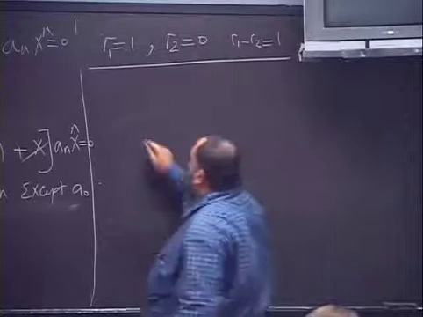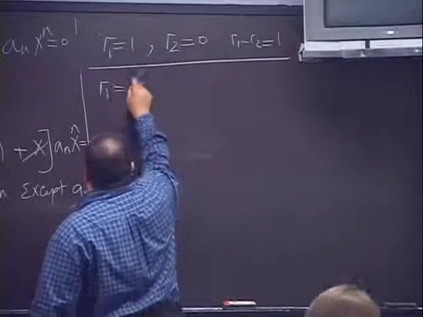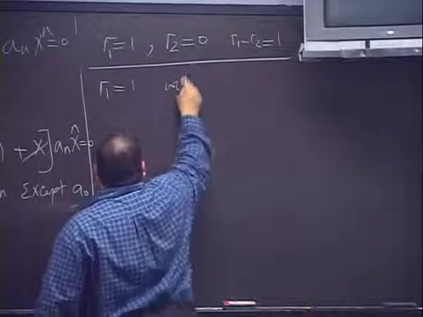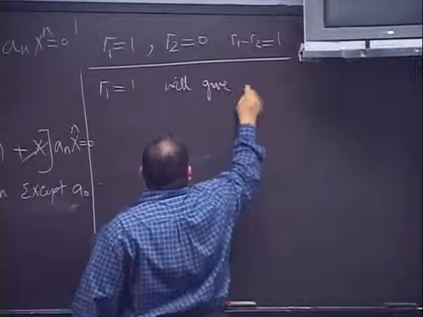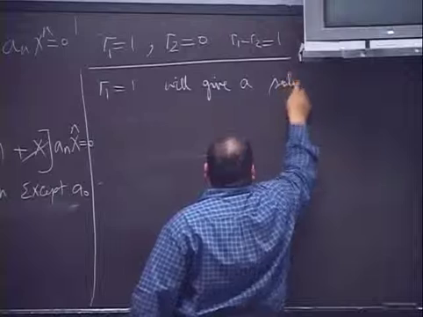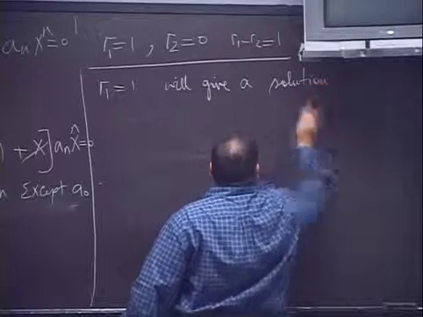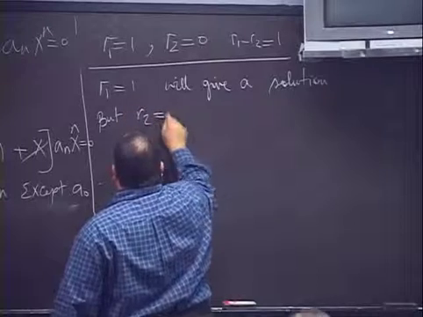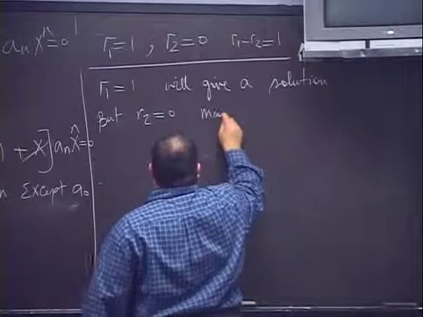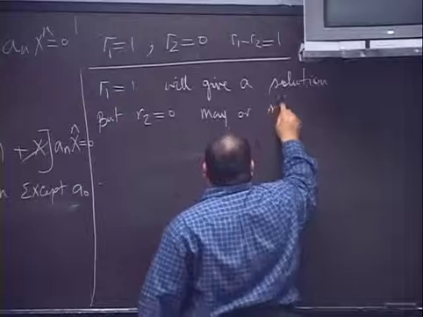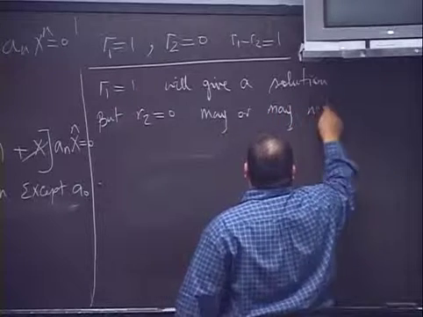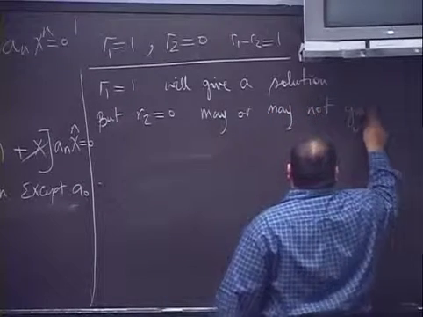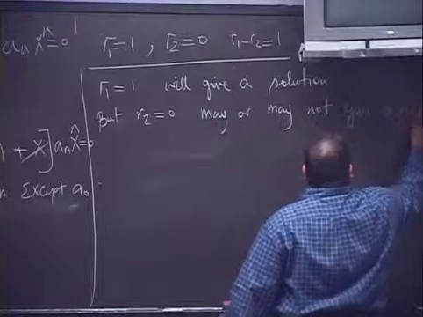So we know that r1 equal to 1 will give a solution, but r2 equal to 0 may or may not give a solution.